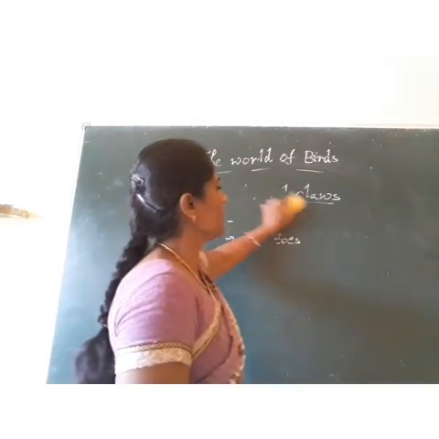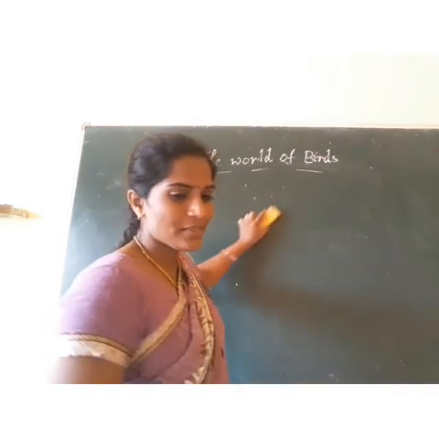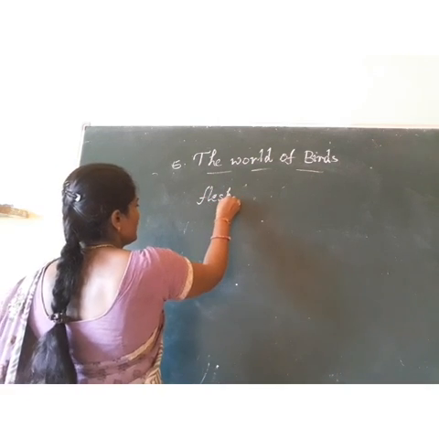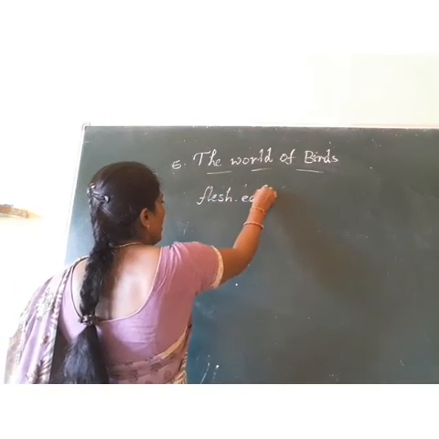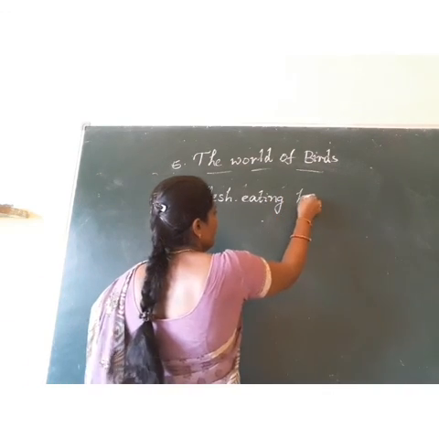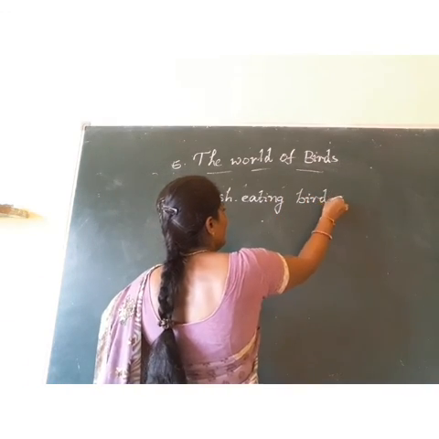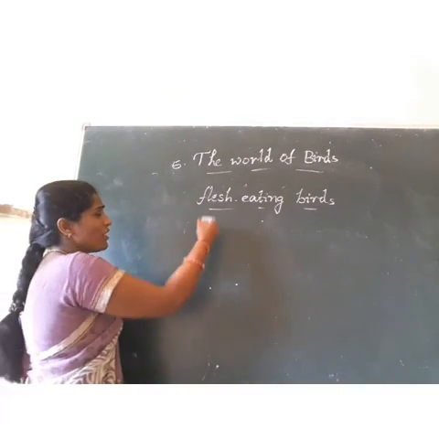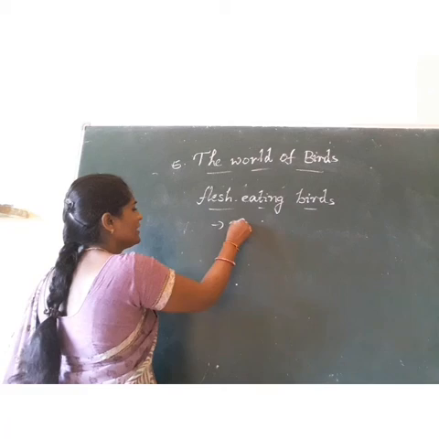Coming to the next one, flesh-eating birds. How do they use their feet and claws while eating flesh? Already I told you examples of flesh-eating birds, children. What are they?